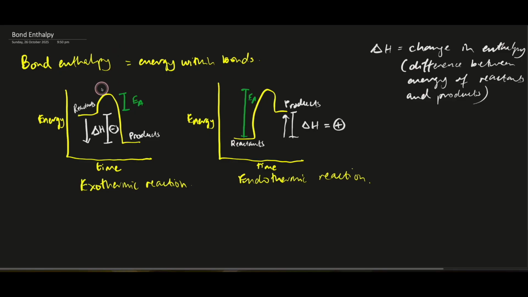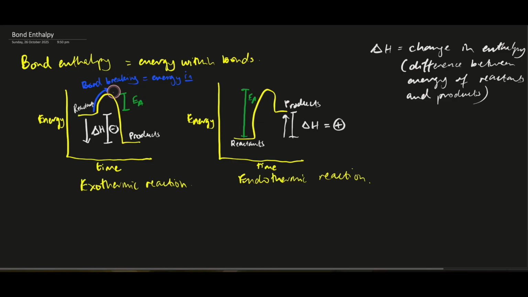Now, the point of the graph where it is going upwards, the point where the energy starts to increase, this point, is the bond breaking process. Energy needs to come in, needs to increase in order for the bonds to break. Bond breaking equals energy in. Okay.